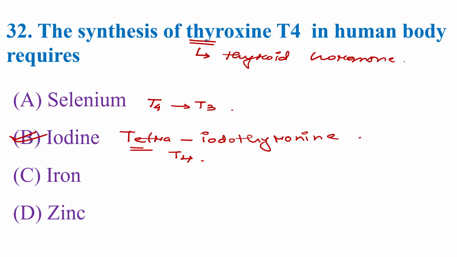So it has 4 iodine atoms. Without iodine, we know that thyroid hormones cannot be made. Next option, iron. Iron is used to make hemoglobin in the blood. And zinc helps in enzyme and immunity activities. So over here, my correct option will be option number B, that is iodine.